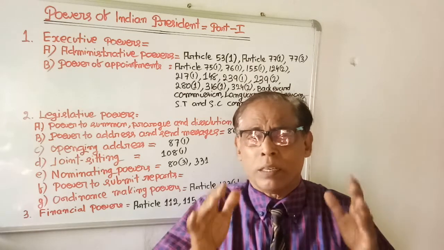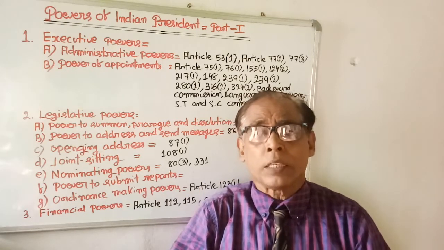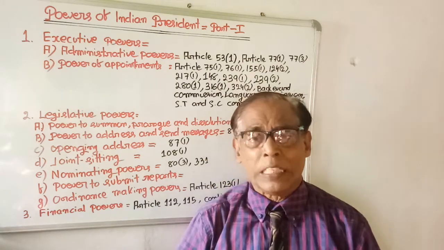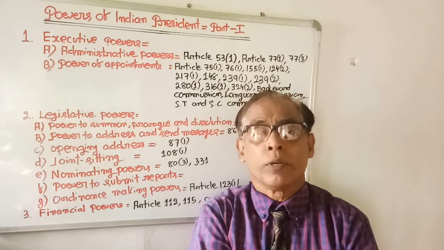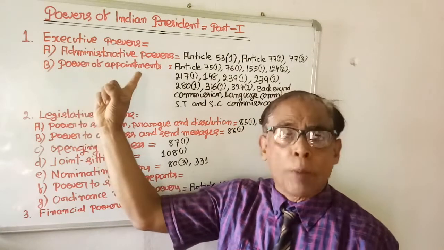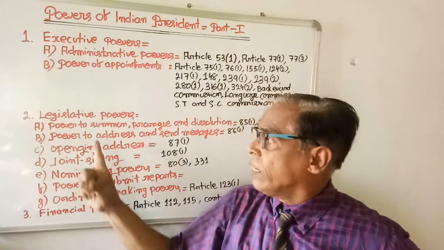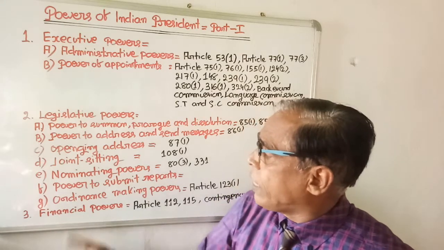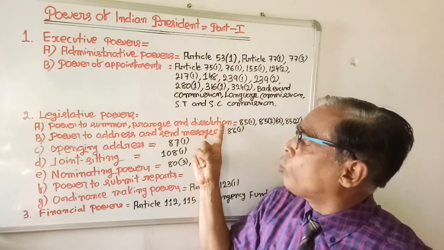So, in video number 1, we have discussed mainly 3 important powers of the Indian President, like the executive power, which includes administrative power of the President and power of appointments to important persons. And number 2, in the legislative power we have discussed as many as 7 points: number 1, power to summon, prorogue and dissolve.